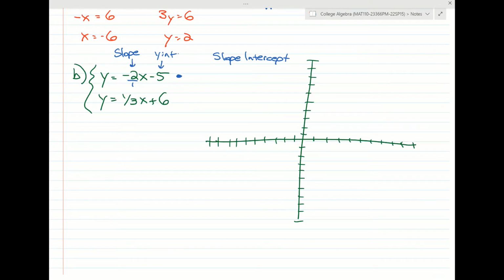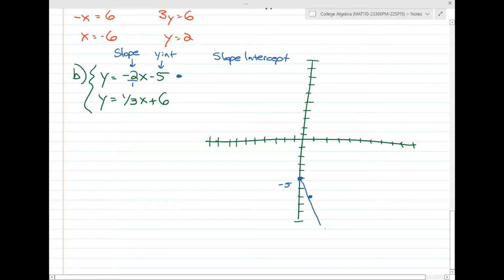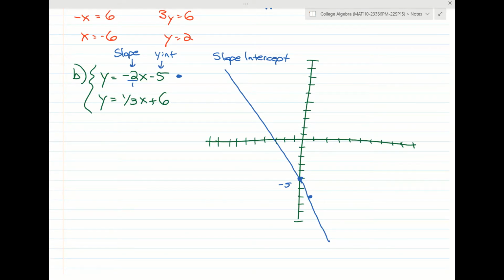So for this particular graph, if we put a point at -5 on the y-axis, and then go down 2 to the right 1, we'd get a line that looks something like that. It's a little faster to graph in slope-intercept form.